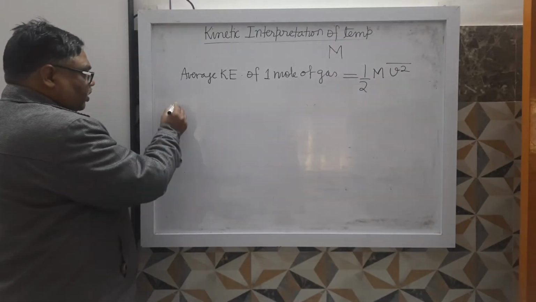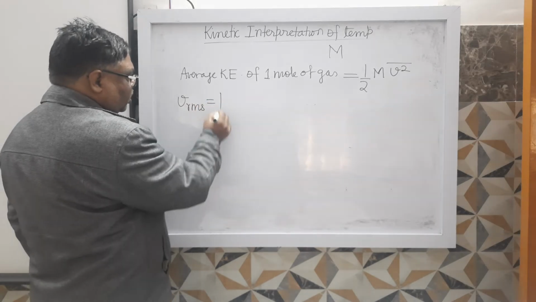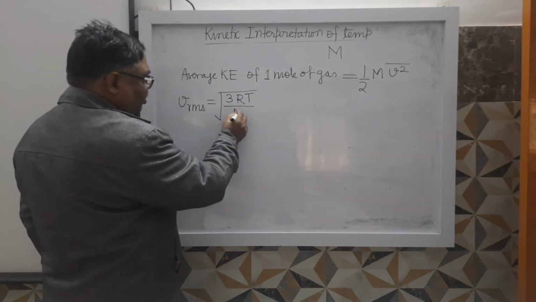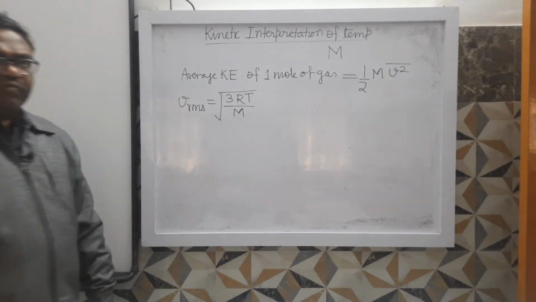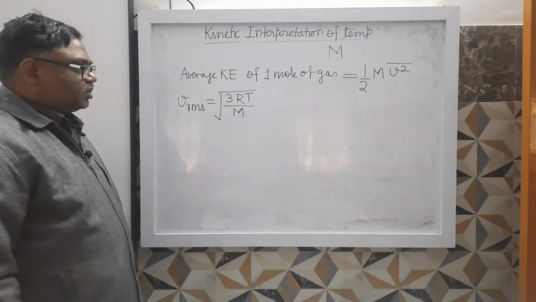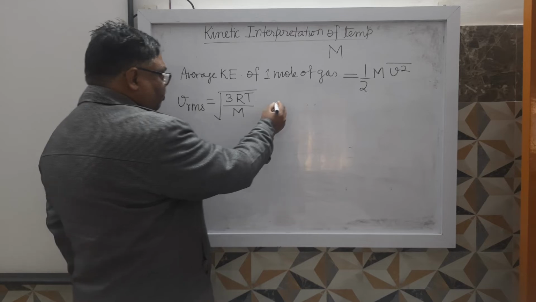As you know that Vrms equals to root 3 RT upon M. Here we have assumed that the temperature of gas is capital T. So what will be V square bar?